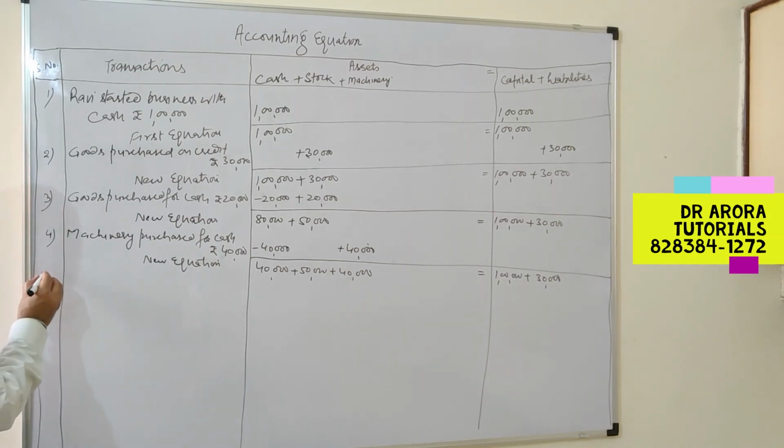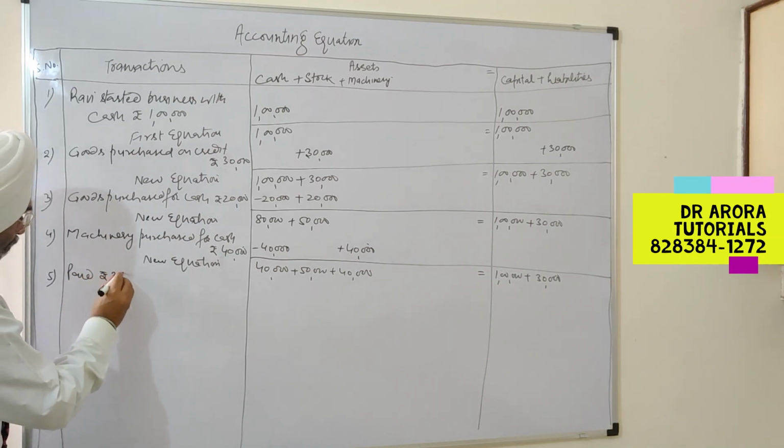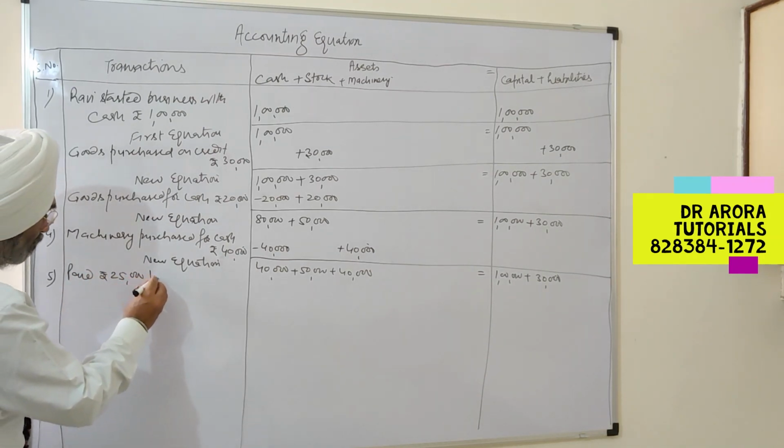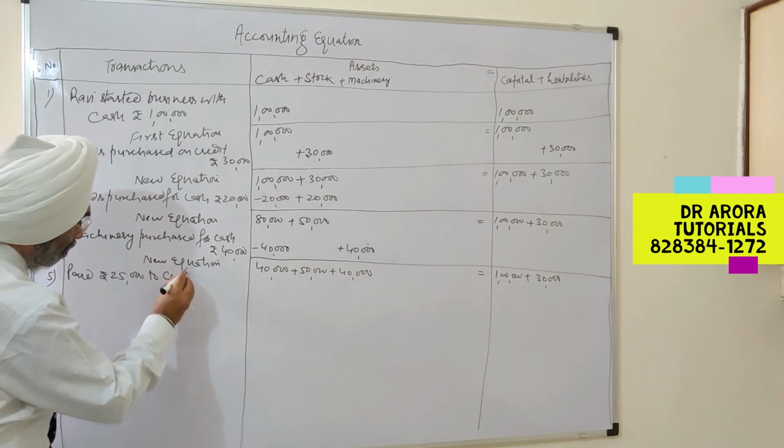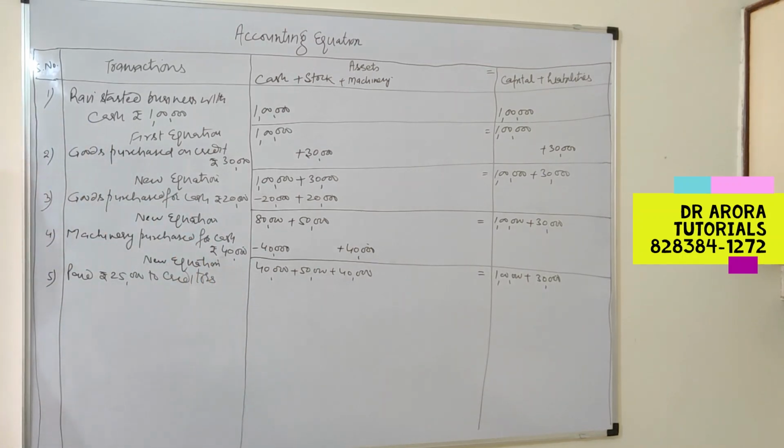Now let us suppose paid rupees 25,000 to the creditors. So from whom we have purchased the goods on credit, 25,000 rupees cash is paid to them.